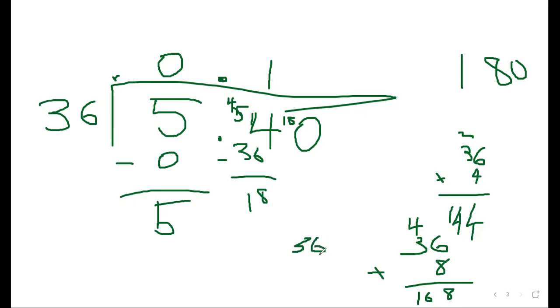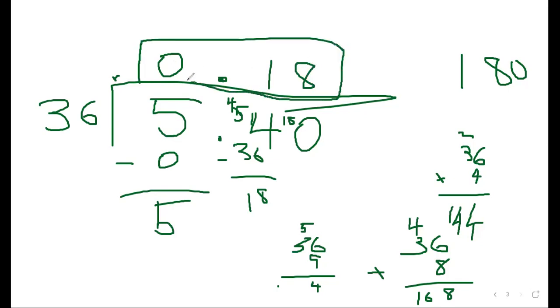Let's try 9. So this will be 4. This is 5. 27 plus 5 is 32. It's too much, so we cannot take that one. We have to take this. So the answer is 0.18. Just stop when you reach 2 decimal places. There's no need to continue.